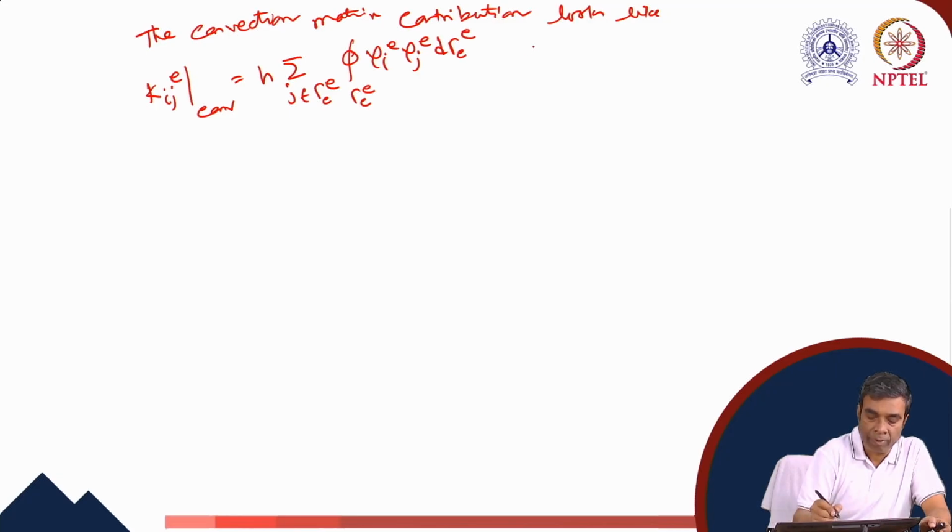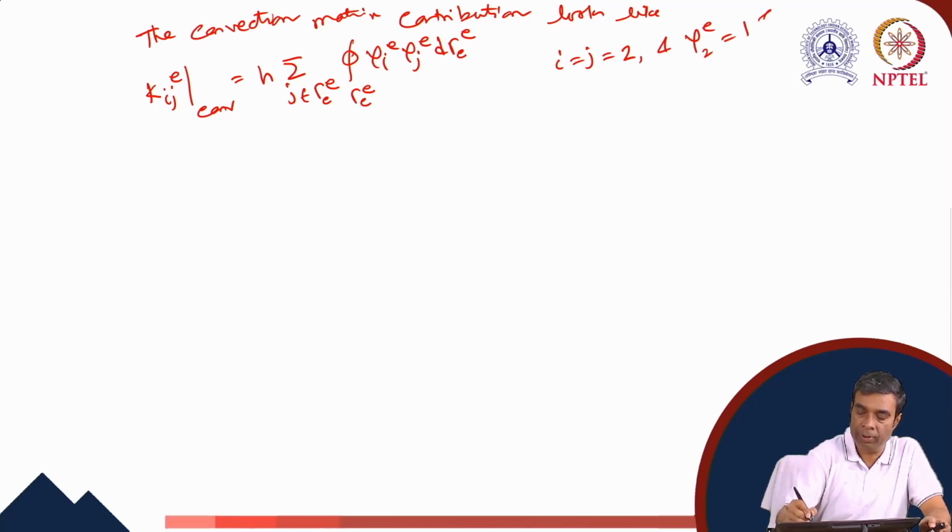Now for this case, this rightmost boundary node i equals j equals 2 and psi 2e equals 1 for a single noded point element.